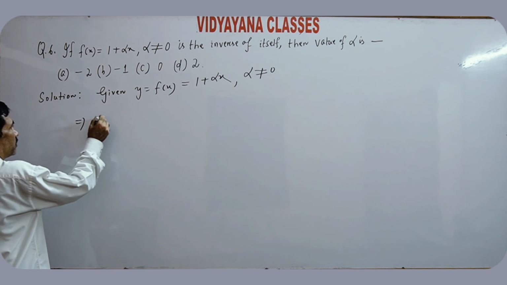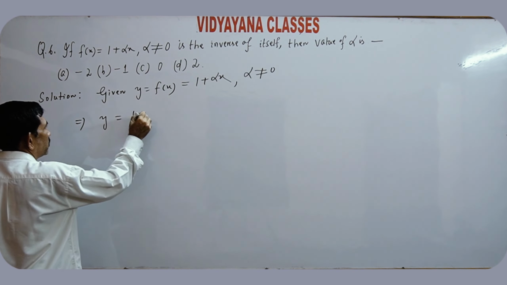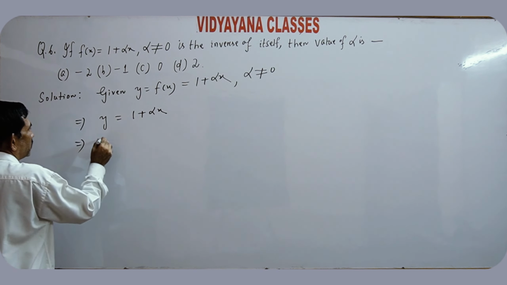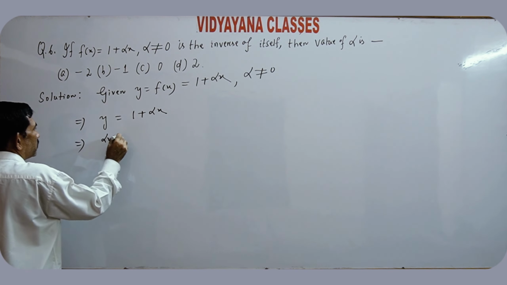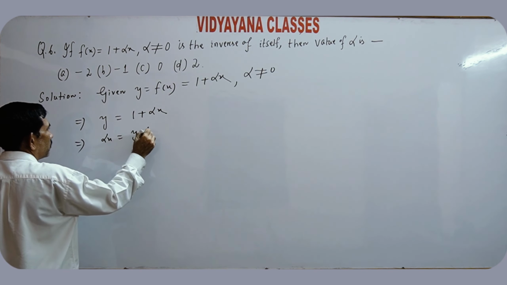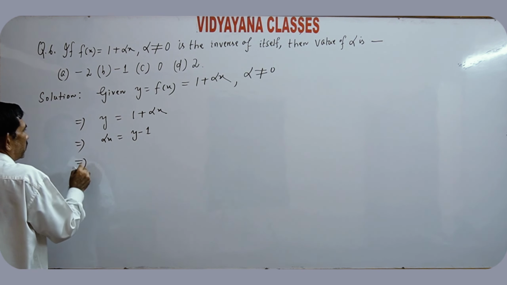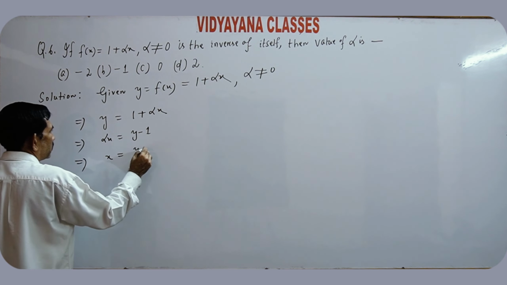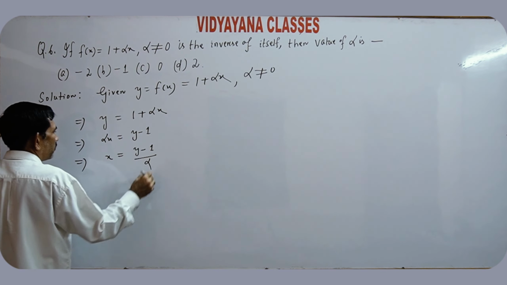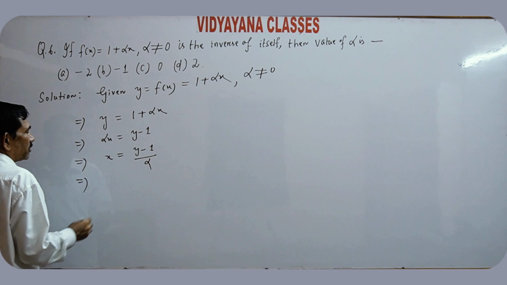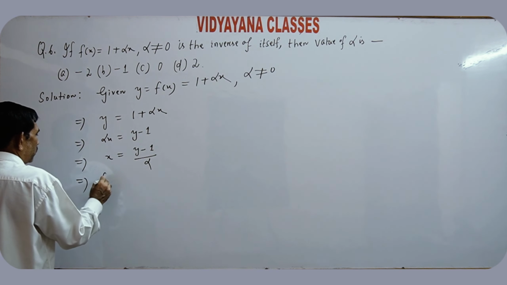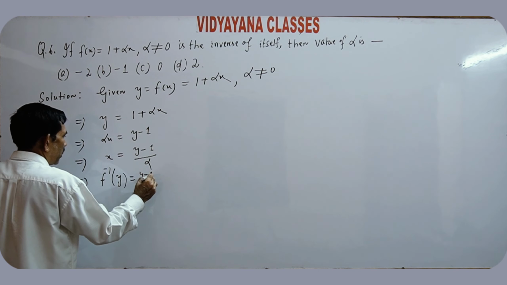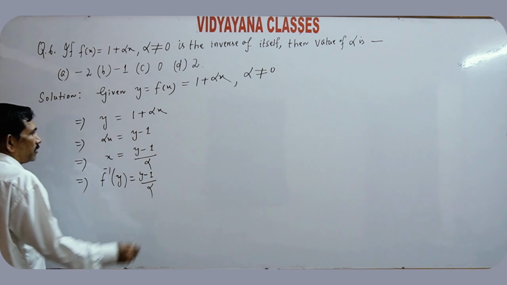y is equal to 1 plus alpha x, which implies alpha x is equal to y minus 1. Implies x is equal to (y minus 1) divided by alpha, which implies f inverse y is equal to (y minus 1) divided by alpha.